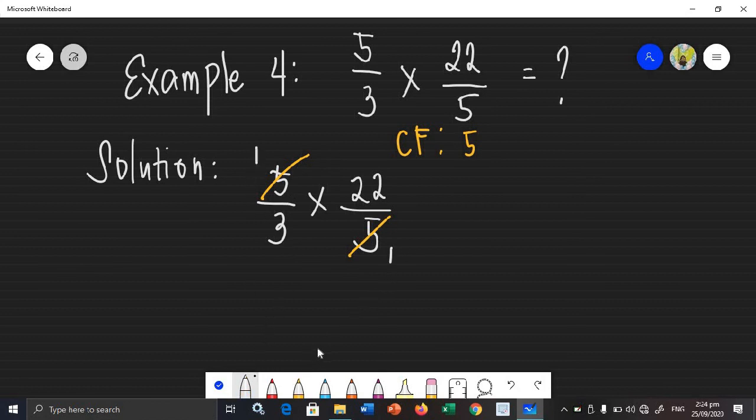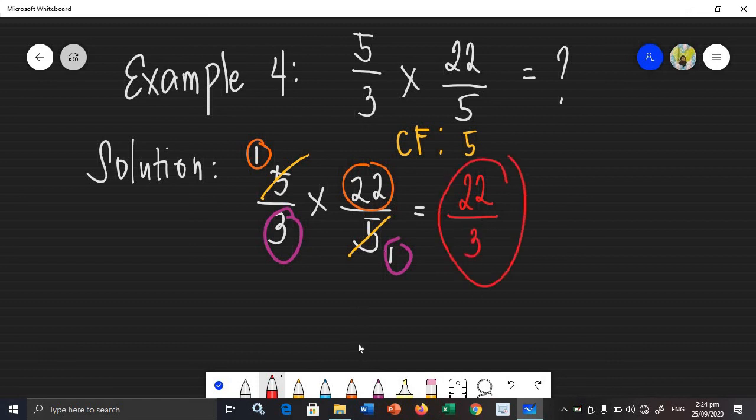This 1. So now, do we still have anything we can cancel? None. So, let's multiply 1 and 22. The answer is 22. Okay? How about we multiply 3 and 1? So, the answer is 3. Therefore, the product of example number 4 is 22 over 3.